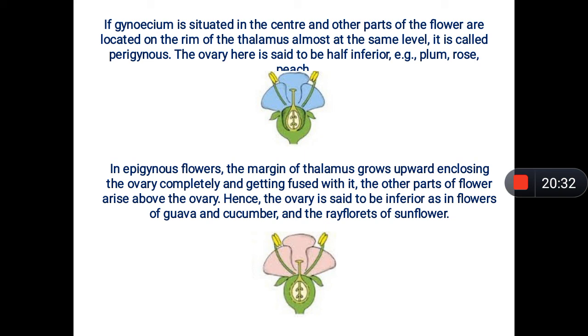So these are the three different flowers: hypogynous, ovary above all whorl members, so the ovary is said to be superior; perigynous, ovary not above, not below, but in the middle, said to be half inferior or half superior; epigynous flowers, ovary lying below all whorl members, so the ovary is said to be inferior.